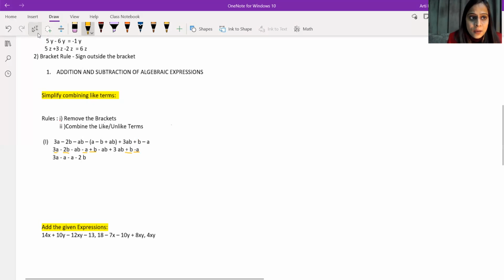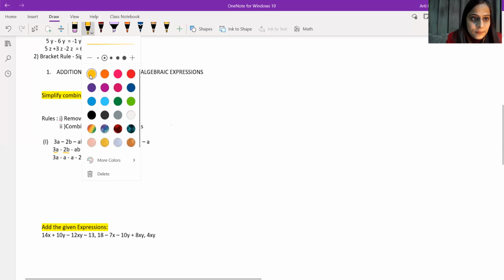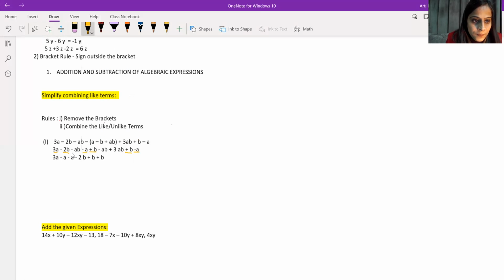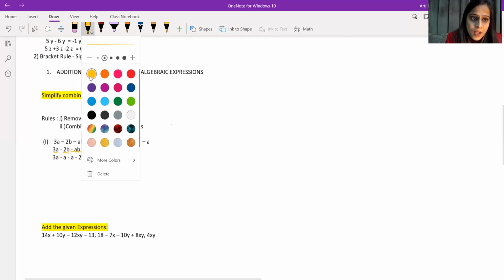So I'll write this: plus b plus b. Then I'll mark it again. Then the next term is minus ab, and I'll write minus ab. Then I'll find its partners. Write the term, find the partner, mark the partner.